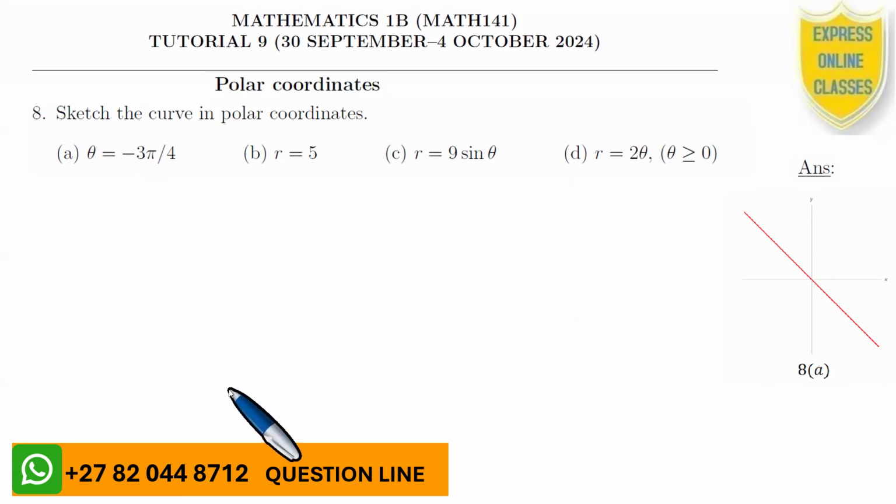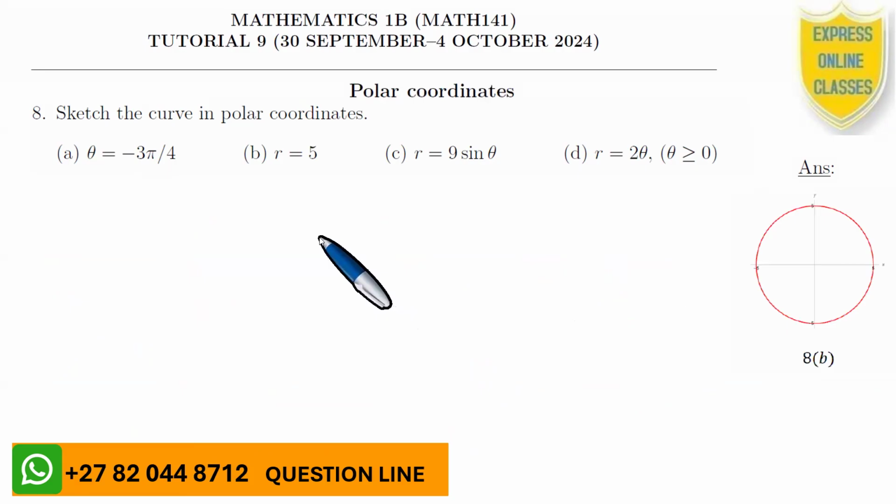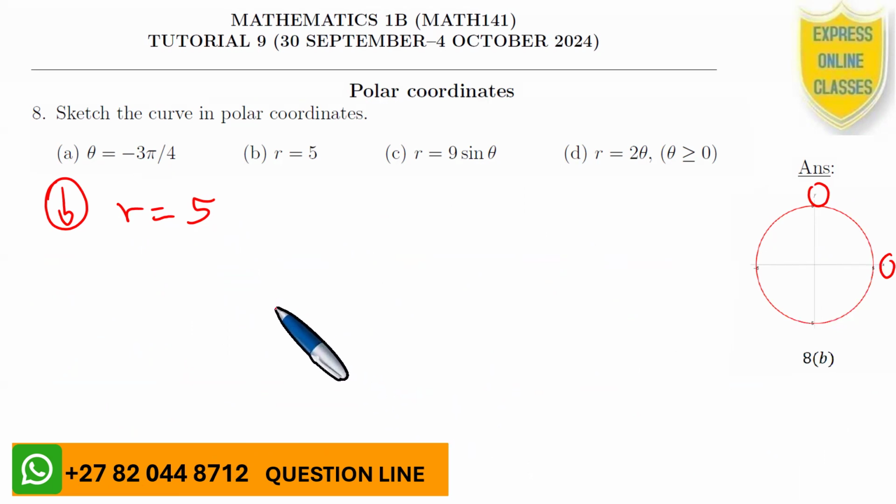Okay, let us look at part B. We need to sketch this one in part B. Part B tells us that we have r is 5. Radius is 5. If we need to sketch radius 5, there are different ways to sketch it.